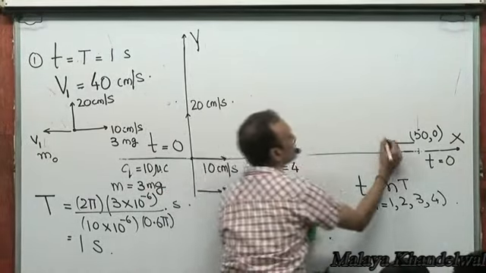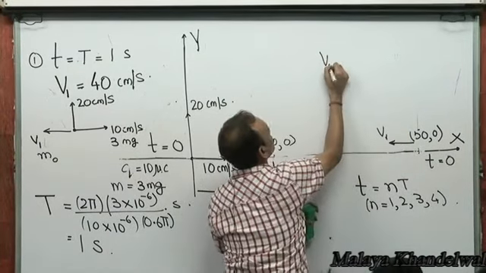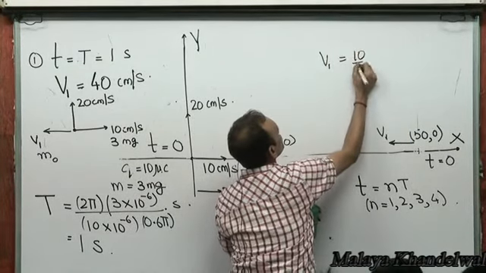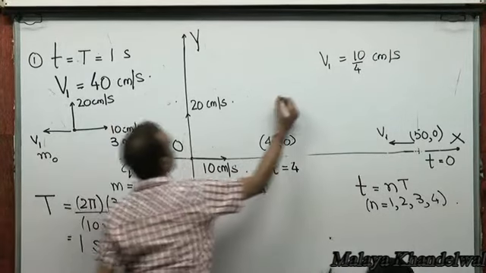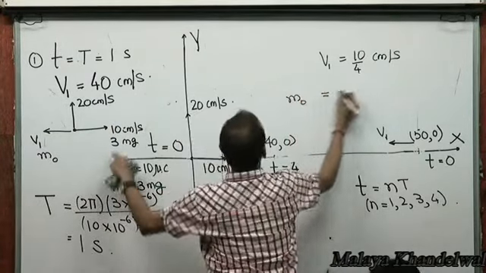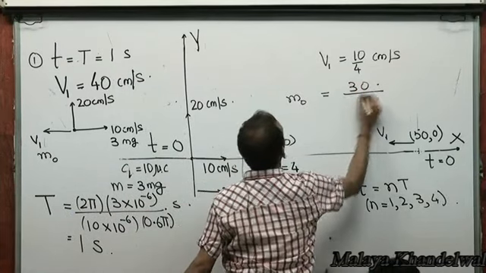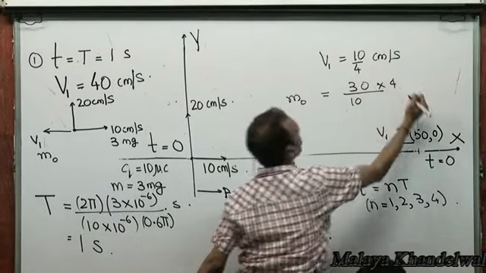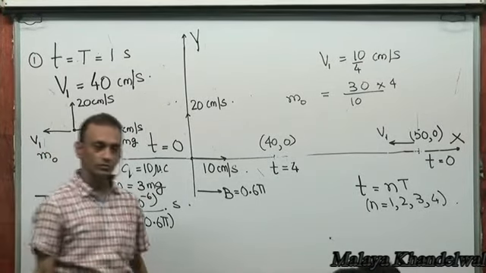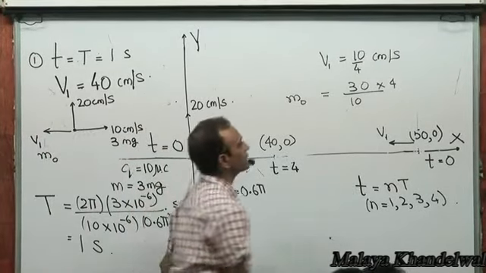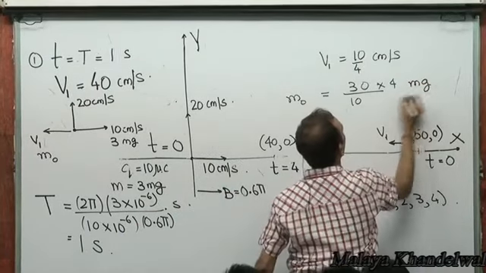So its velocity v1 would have been 10 by 4 centimeters per second. And then again, m0 would have been 30 divided by 10 by 4, 12 milligrams. Yes or no? Is that also an option? Right. So 12 milligrams, that's an option.